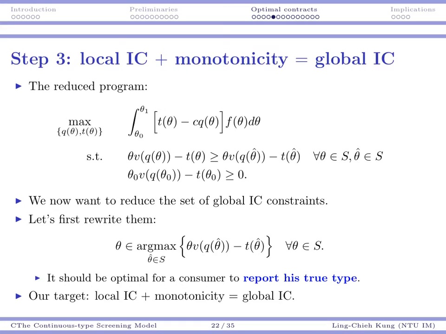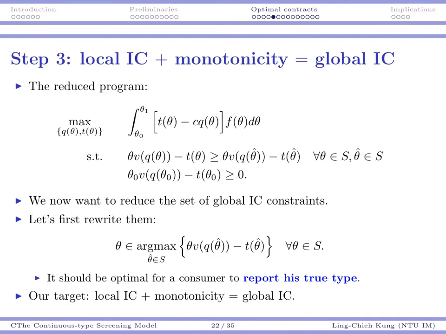And my goal is to make sure that for the agent's optimization problem, theta is optimal. So theta must be greater than all other values in S. If that's the case, then it's globally optimal. So it should be optimal for a consumer to report his true type. That's global IC constraint. Theta must be better than all other values in S.